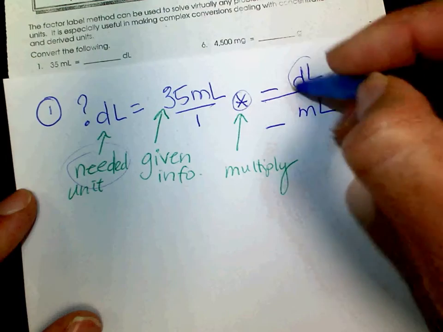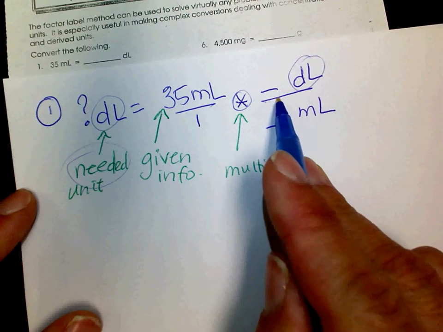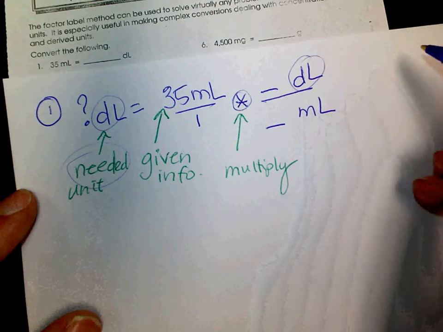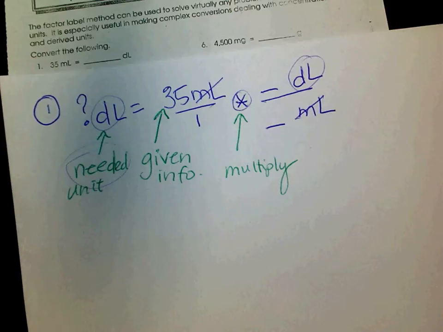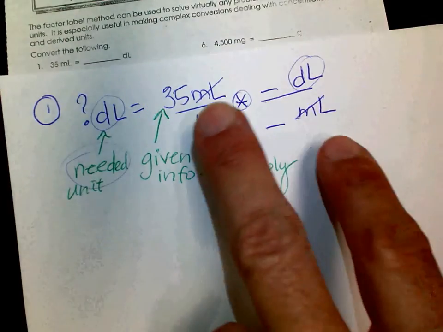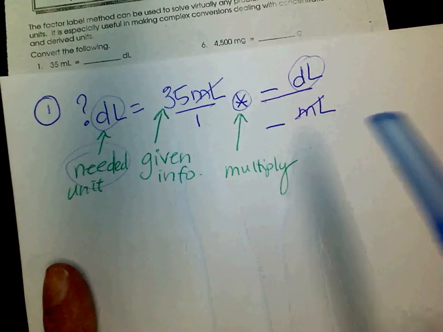I want to end up with this right here in the numerator, because that's where I want it to end up at the end of the problem. Milliliters does this thing. What's that called in math when you have something on the top that's the same as something else on the bottom? I'm going to cancel them, all right? So I'm doing something called dimensional analysis, and I am canceling those units, and that's important.